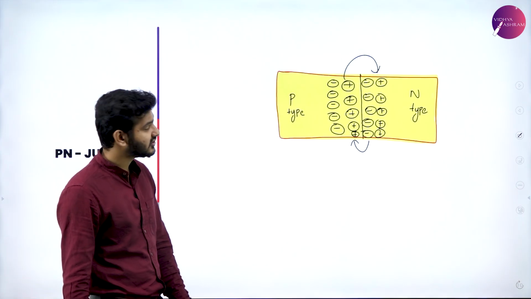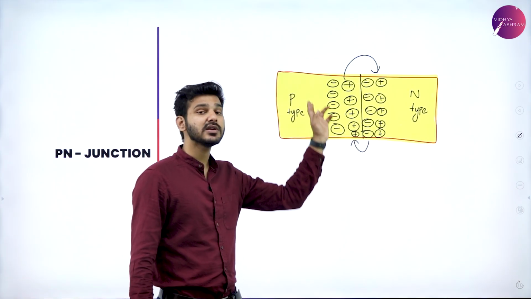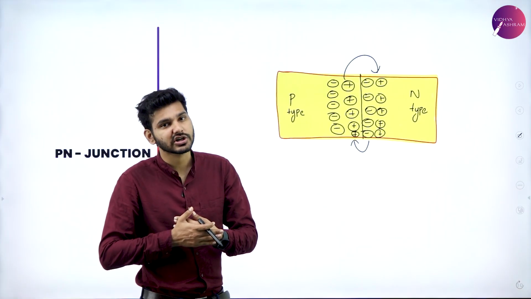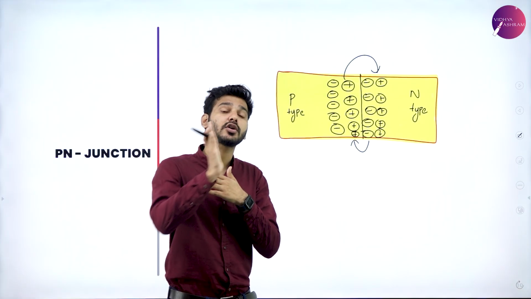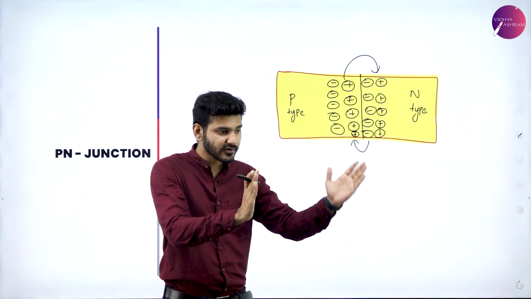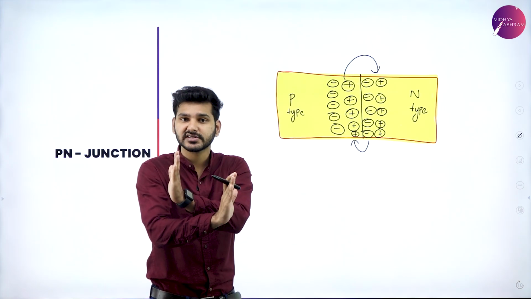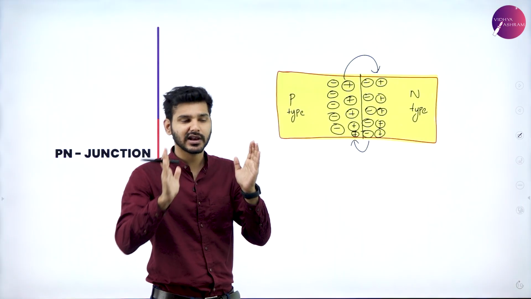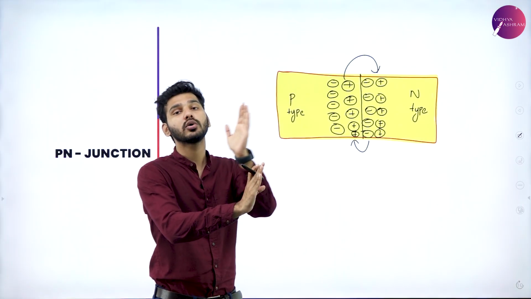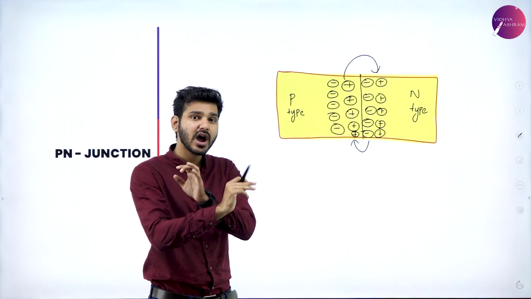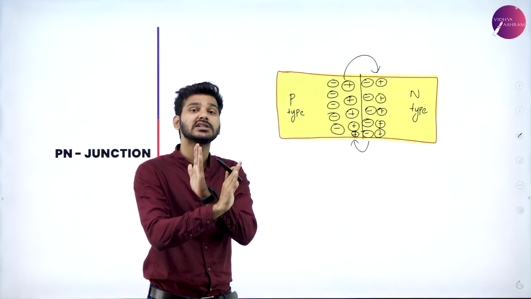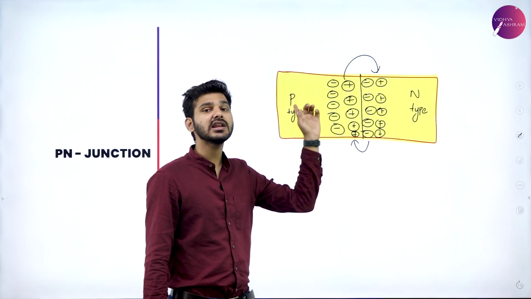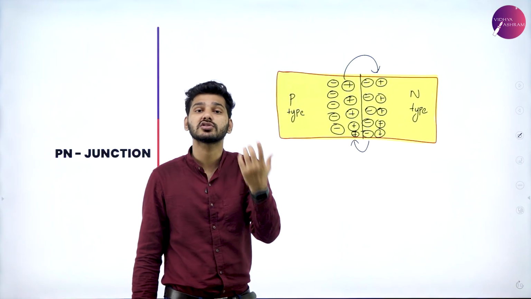So here there will be a region where, during the formation of the p-n junction, some of the charges will cross over from the p side to the n side and from the n side to the p side. Some electrons will cross over, some holes will cross over, and then after some time they will attain a stability so that they will repel any other charges which want to cross over.